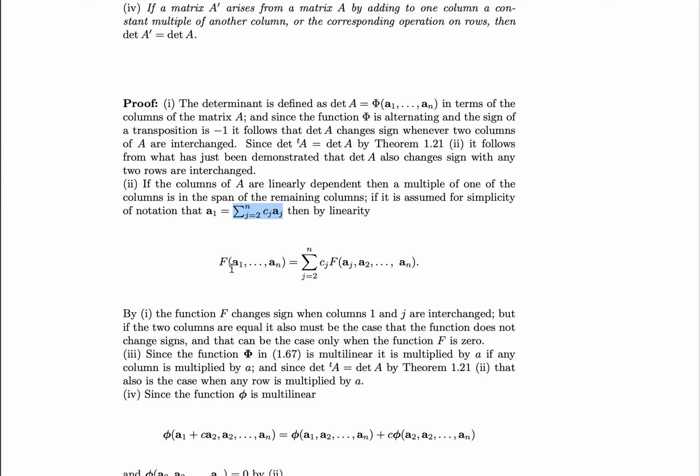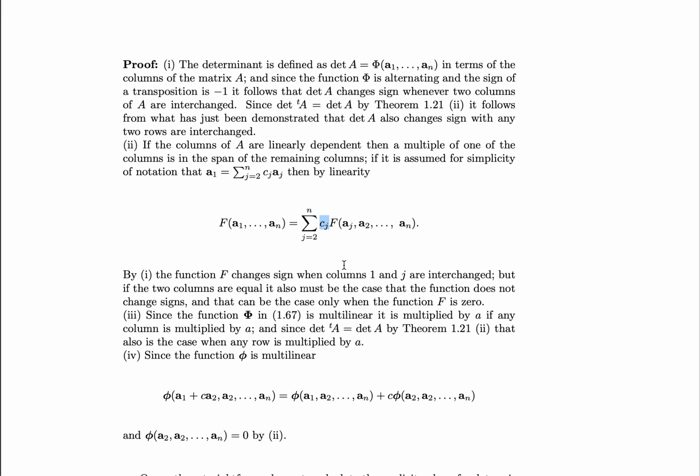Then by linearity, f of A1 up to An is equal to f of this particular sum, since we know that f is linear, so we apply it to A1 and pull out the constants that make up A1. By 1, the function f changes sign whenever columns 1 and j are interchanged. But if the two columns are equal, it must be the case that the function does not change sign. And so we know in this case the function f is 0.